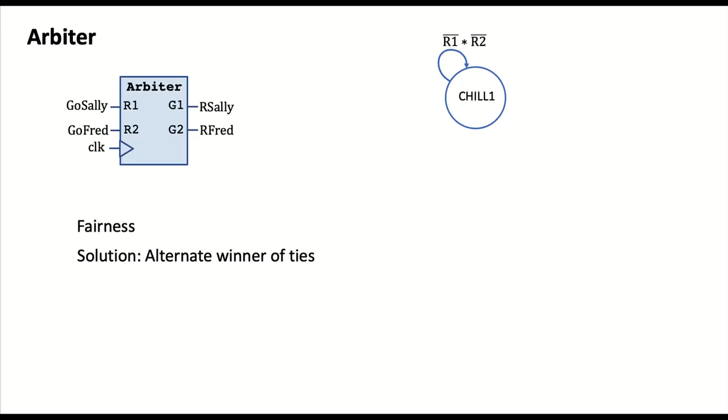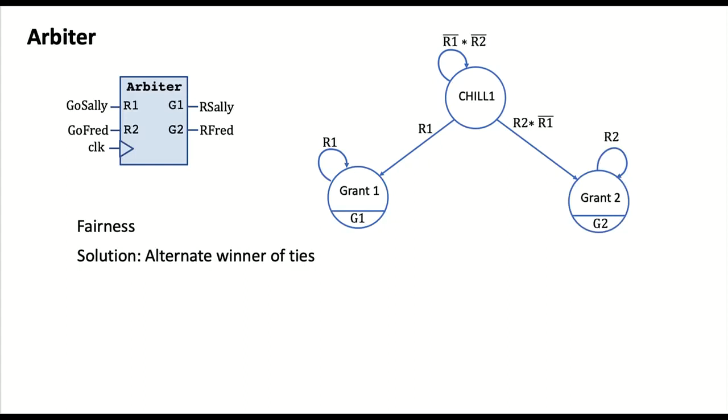So the first tie is again going to be Sally. So Sally still has a small advantage. So Sally wins if we are in chill 1, and we'll grant it to Sally. And Fred only gets it if Sally doesn't want it, if we're in chill 1.